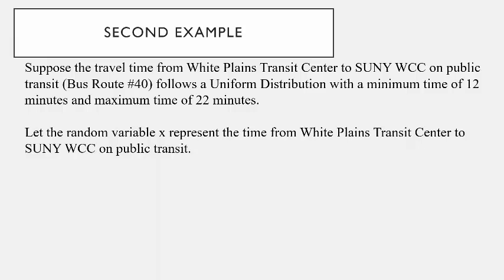Okay. So here's what we're going to do. We're going to let the random variable x represent the time from White Plains Transit Center to SUNY WCC on public transit. And I'm telling you here that it follows this uniform distribution. So I'm going to let x equal the travel time on public transit. Now think about it. What did I say the minimum time and the maximum time was?